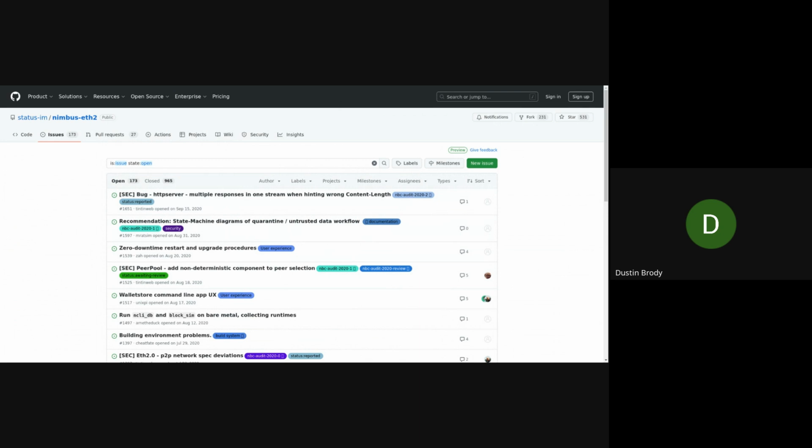So from the audit, I think we've by and large resolved what those were.